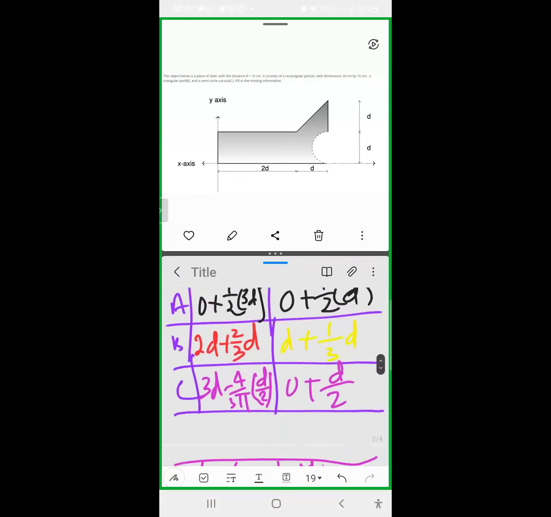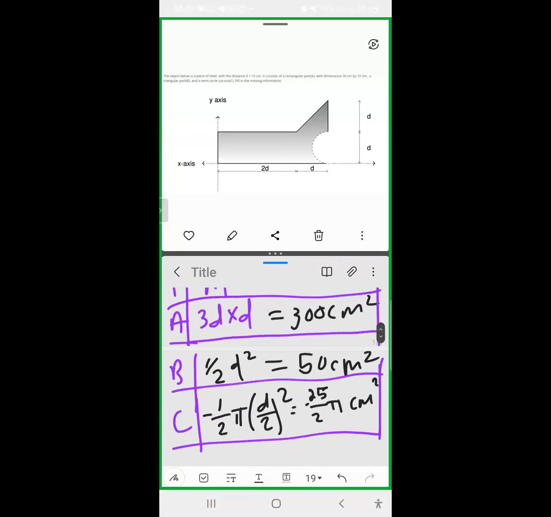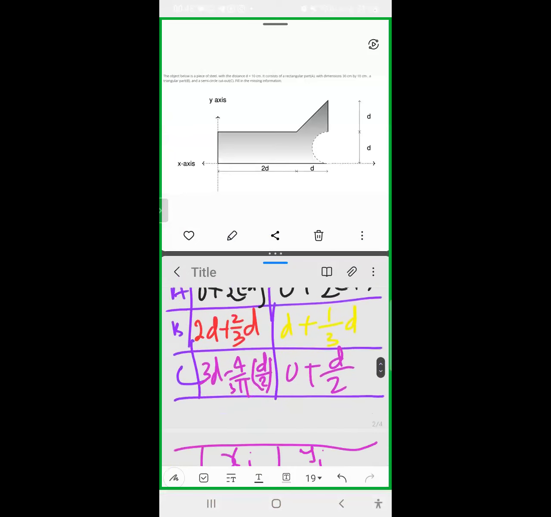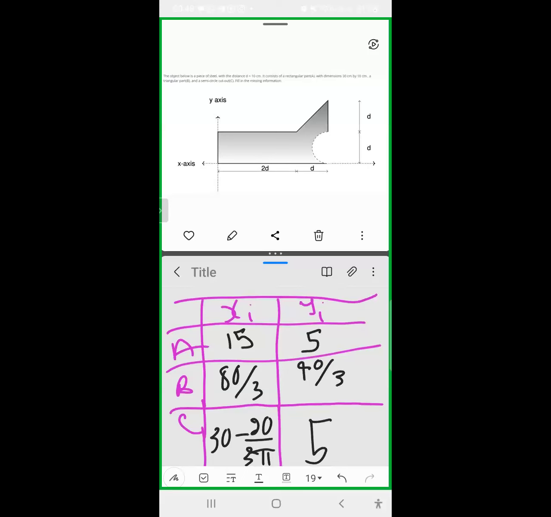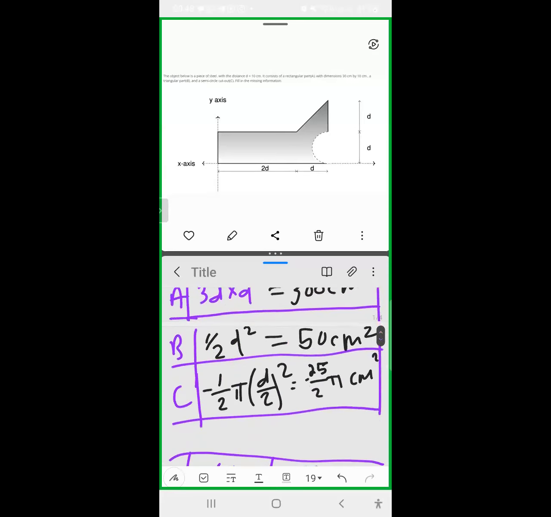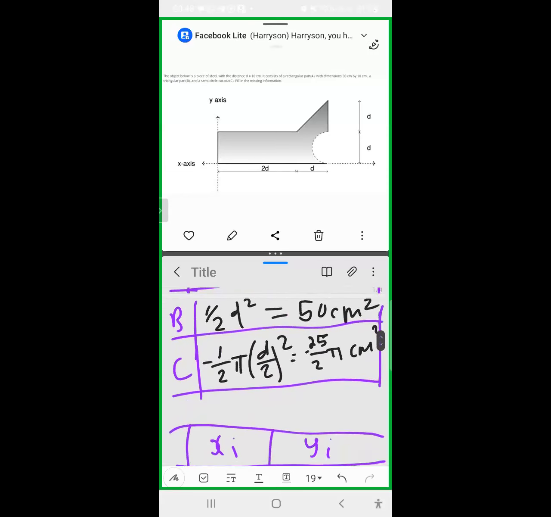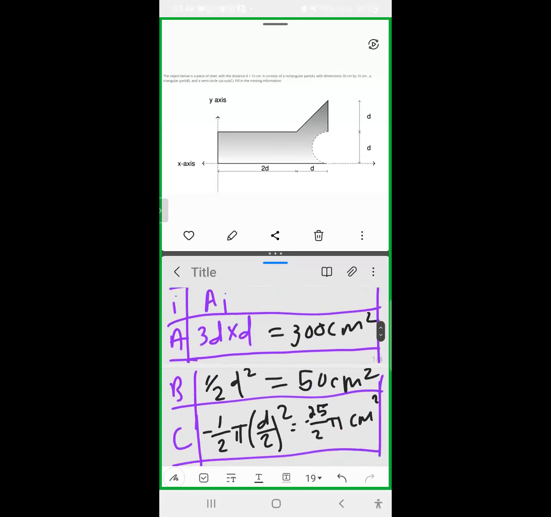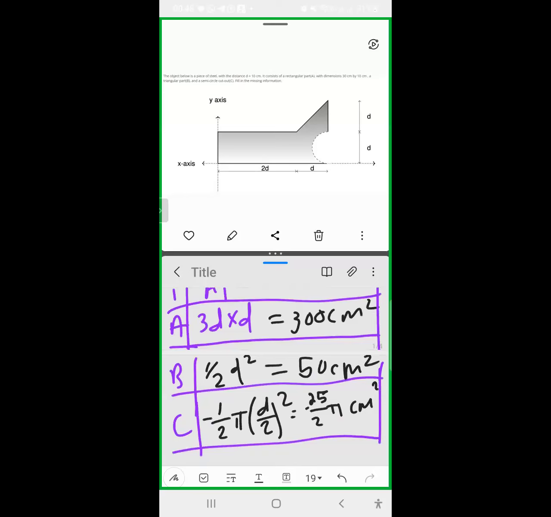We multiply it by the x coordinate of its center of mass, which is 15, plus the area of B, it's 50, multiplied by the x coordinate of its center of mass, which is 80 divided by 3, and then plus the area of object C, which was found to be minus 25 over 2 pi, and then we multiply this by the x coordinate of the center of mass, which is given by 30 minus 20 over 3 pi, and then we divide this by the total area, which is going to be 300 plus 50 minus 25 over 2 pi.